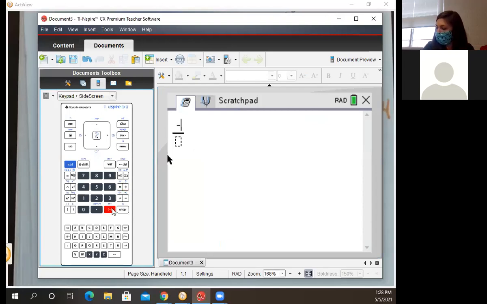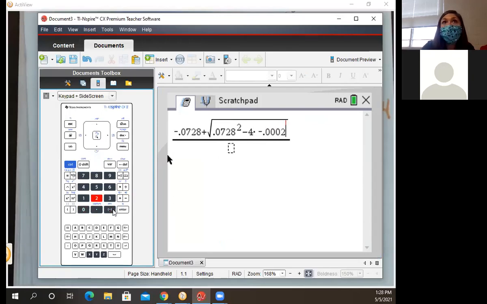And then negative 0.0728 plus, there's my square root, 0.0728 squared minus 4 times negative 0.0002 times 3.3752, and then arrow down to the bottom part, and this is 2 times negative 0.0002.